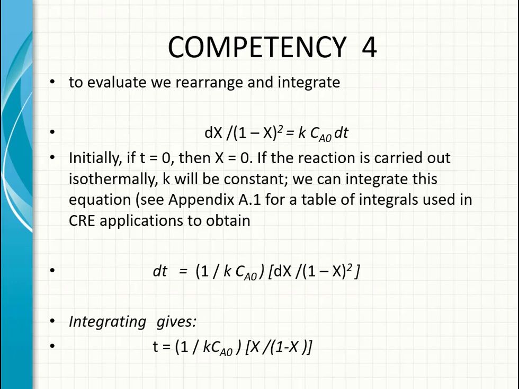The integral of dX divided by (1 minus X) squared is (1 minus X) to the minus 1, so at the end we have that t equals 1 divided by k Ca0 times X divided by (1 minus X).